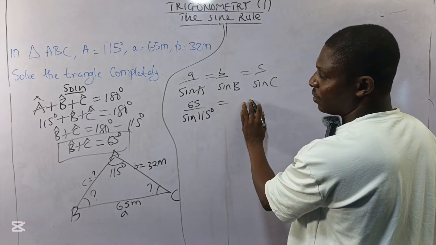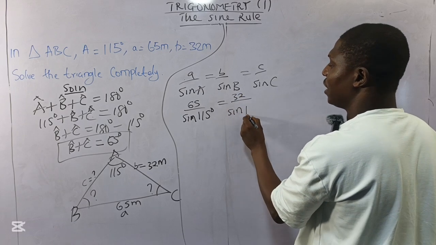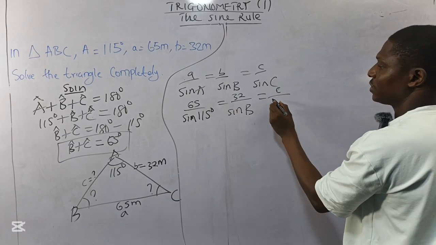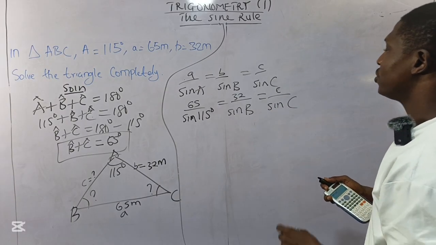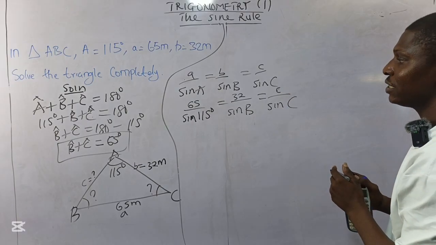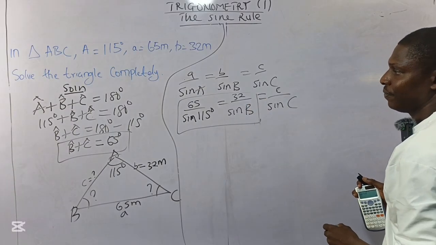My b is what? 32. Angle B, I'm looking for it. My side c, I'm looking for it. My angle C, I'm equally looking for it. So if I'm looking for two things in a fraction at the same time, I'll neglect it. So it's better I focus on this.